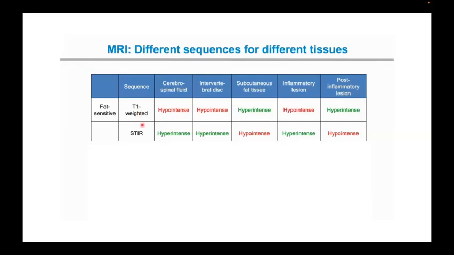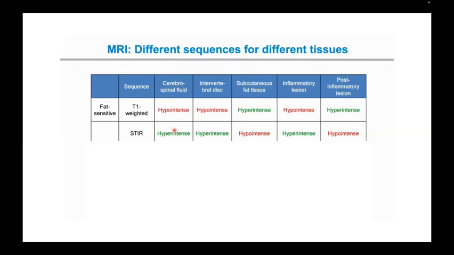The other sequence, which we name STIR, we will see everything is black or hypointense except water. So we name it a water-sensitive image. Any type of water in that image will be high signal.